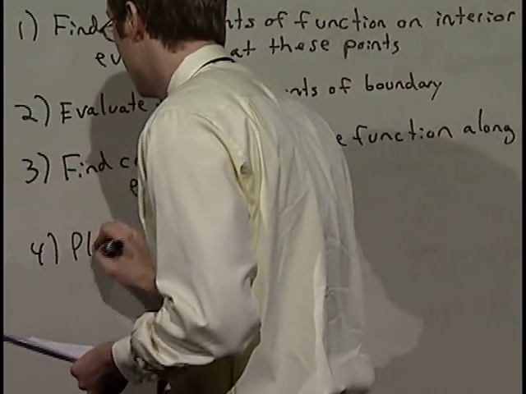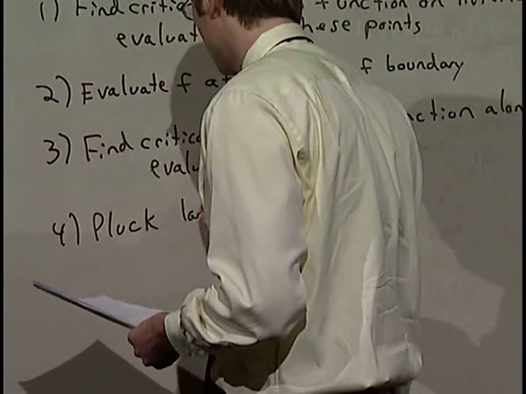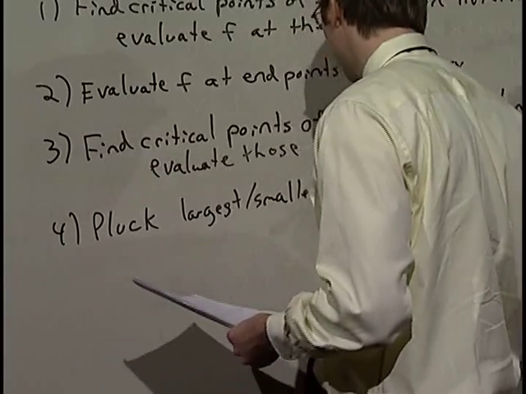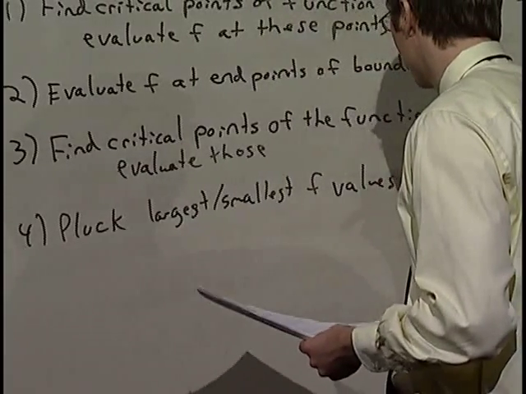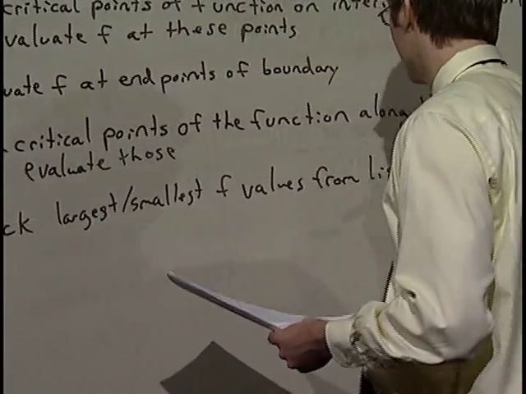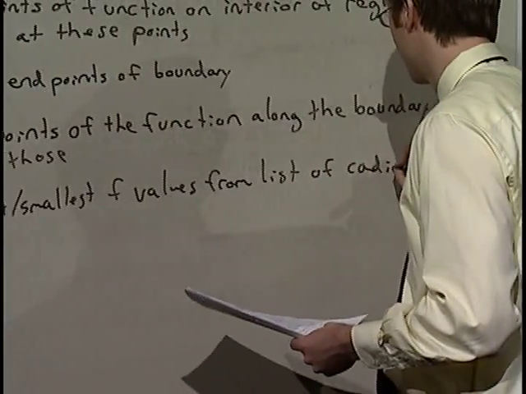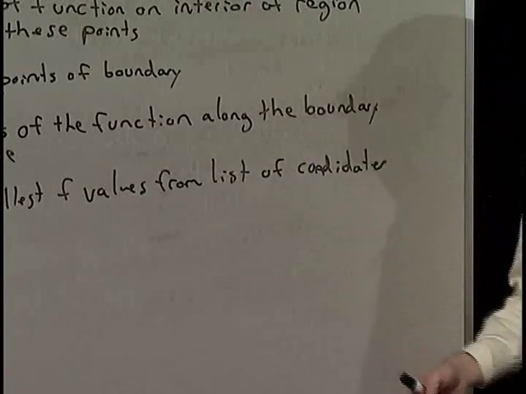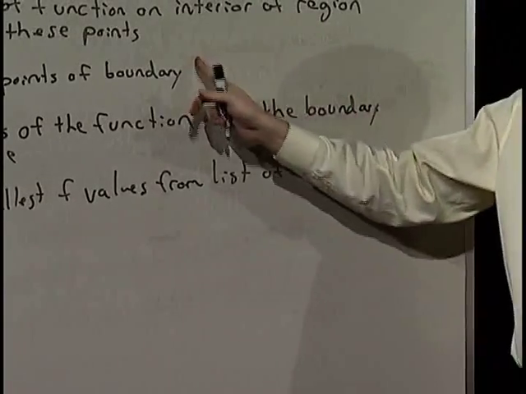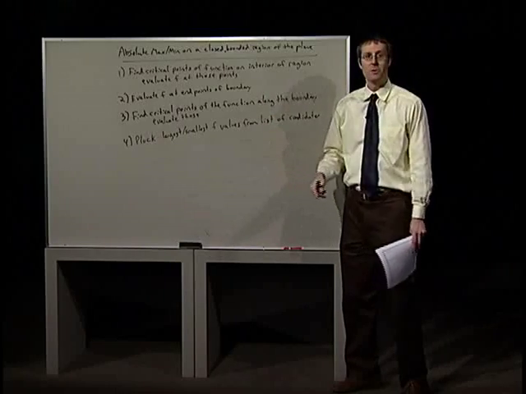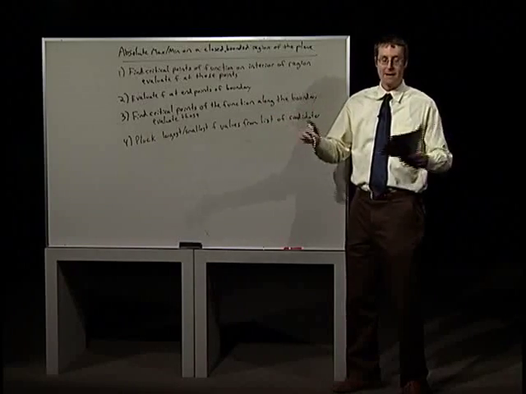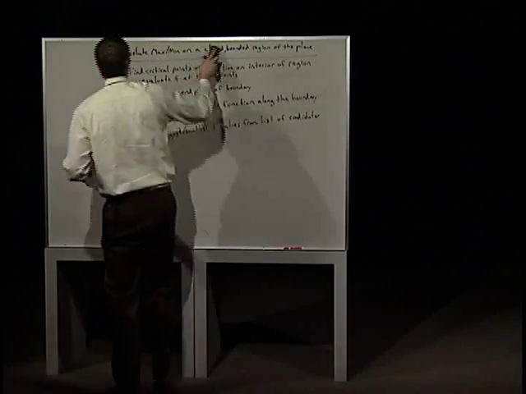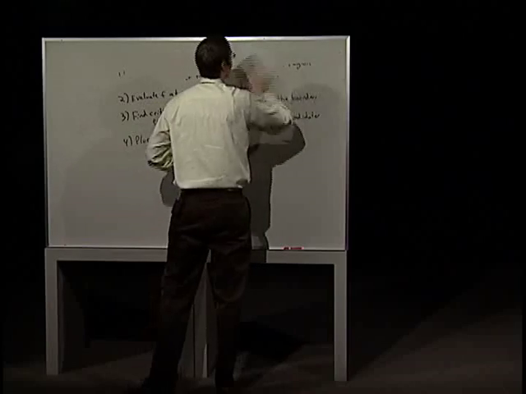And then pluck largest, smallest f values from the list of candidates. That's it. All right, so these are all your candidates, these interior critical points, these boundary endpoints, critical points along the boundary, whatever is the biggest and smallest, absolute max and absolute min. Okay, let's try one. These can get a little involved depending on how involved your boundary is.